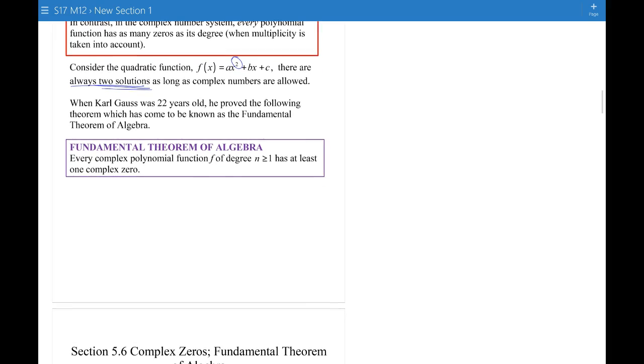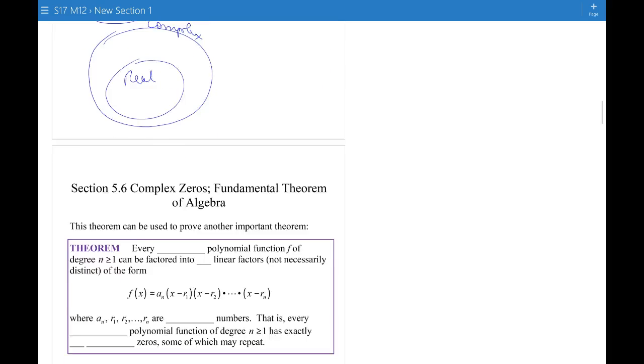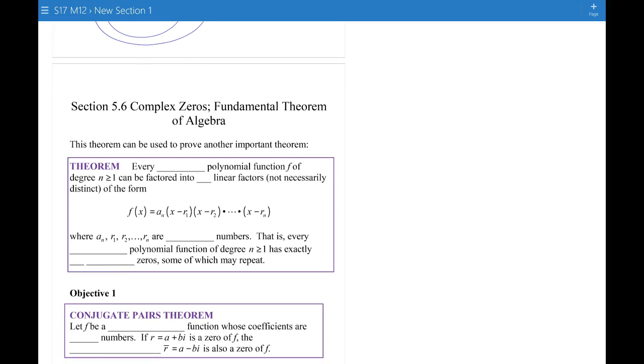If you think about this, complex numbers include all of the real numbers. So if we draw the picture of the complex numbers, all the real numbers are inside here. So really what it's saying is for every complex polynomial function, as soon as you allow complex numbers for solutions, we'll have at least one complex zero, which is pretty amazing when you think about it.